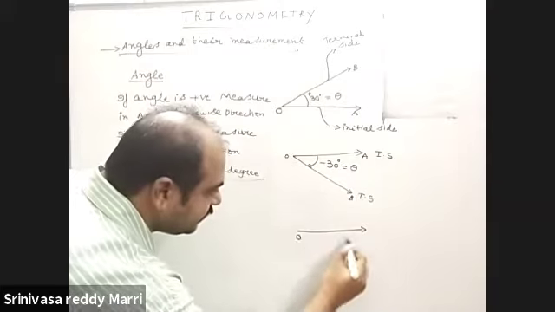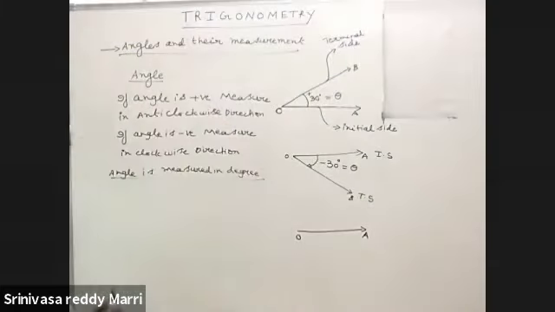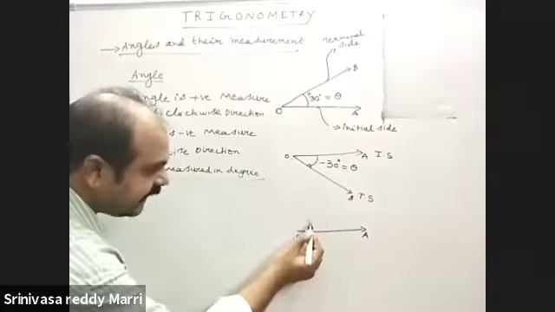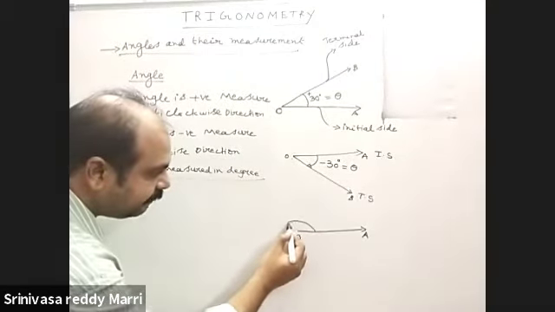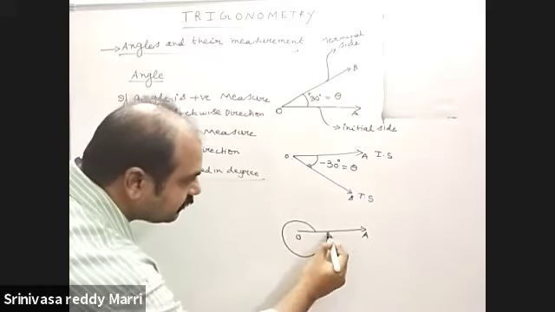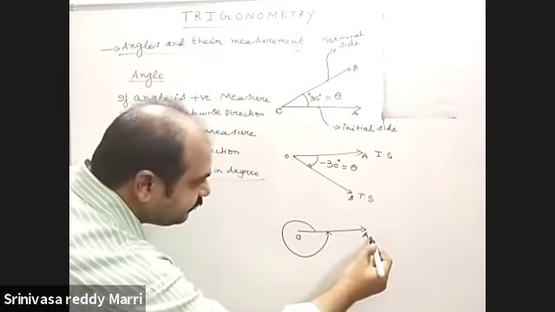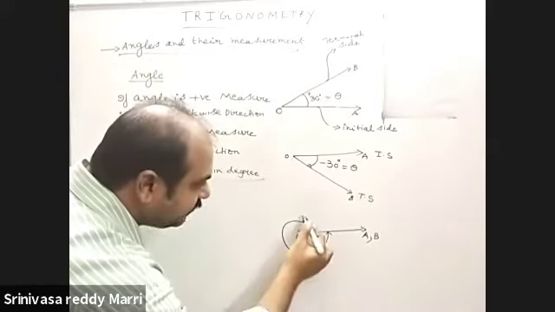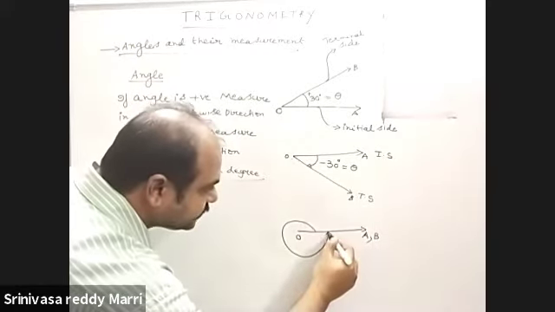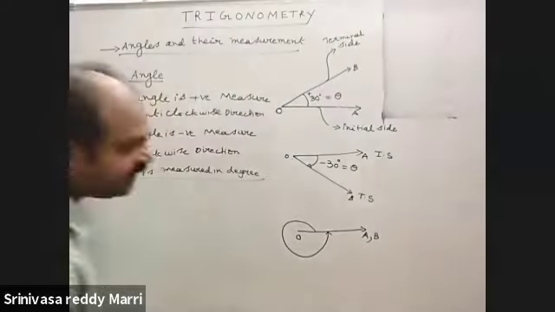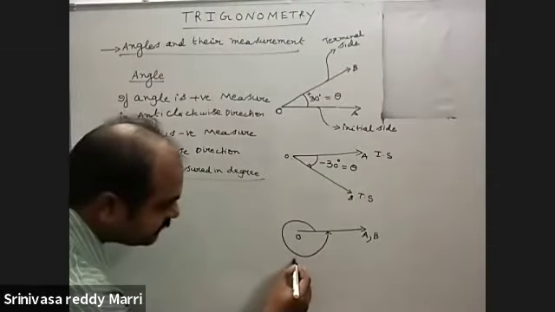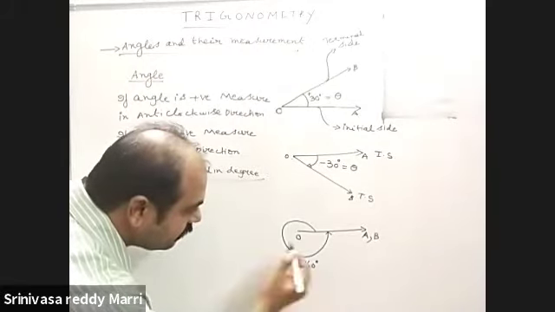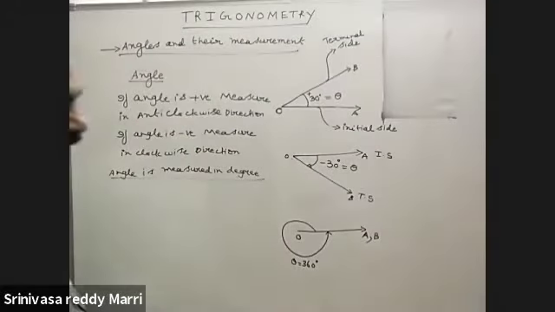Suppose this is the initial ray. If you want to measure 360 degree, that means measure the angle 360 degree, one complete rotation. That means the terminal ray and initial ray will coincide. Measuring an angle of 360 degree means one complete rotation. This is theta equal to 360 degree.